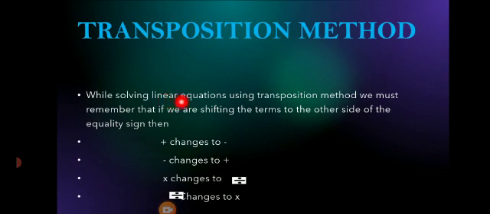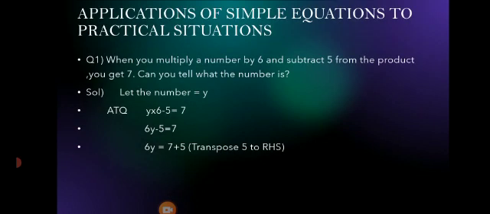While solving linear equations using the transposition method, we must remember that if we are shifting terms to the other side of the equality sign, then plus changes to negative, negative changes to positive, multiply changes to divide, and divide changes into multiply. Now the applications of simple equations to practical situations.